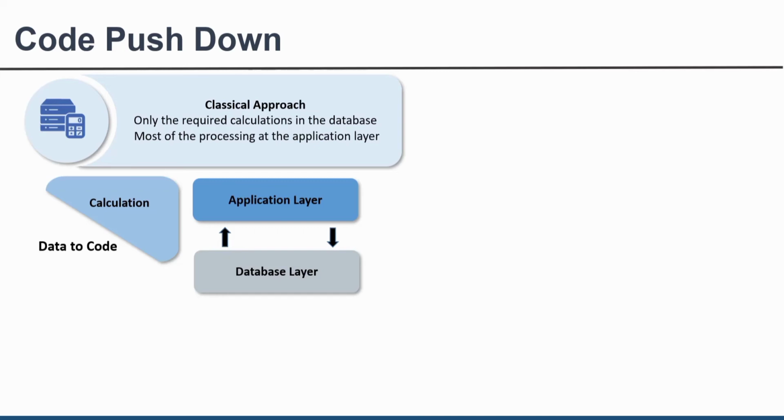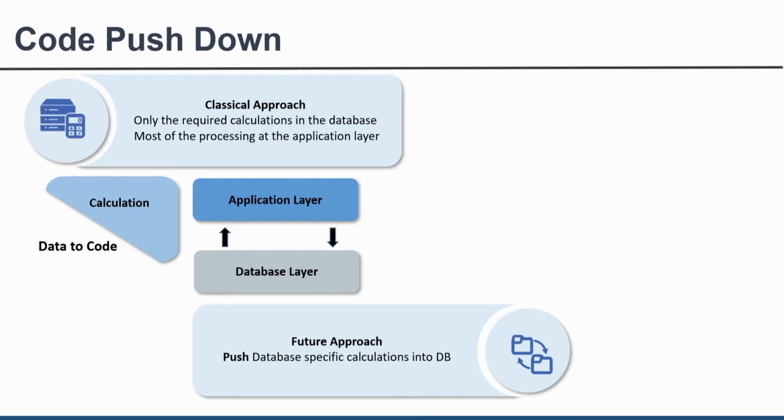Then what happens with HANA? When you use HANA, you are supposed to push these database related calculations in underlying database. That means if you are writing a report, and in that report if you are supposed to do some calculations or aggregations, with a new approach on top of HANA, you will be pushing those calculations and aggregations in underlying database itself, and you will be displaying only the output on the screen.